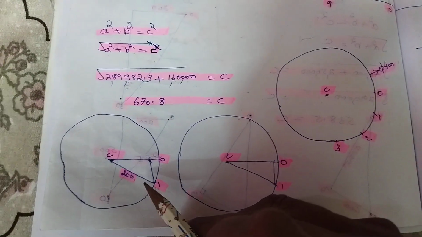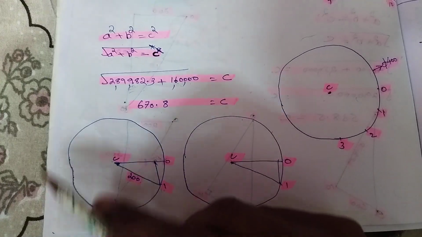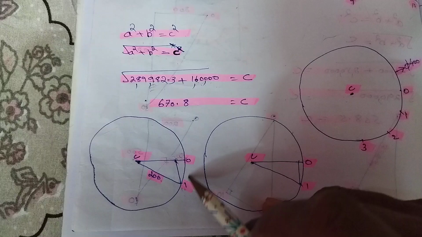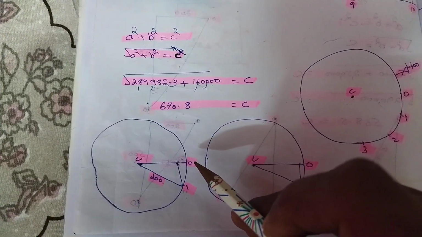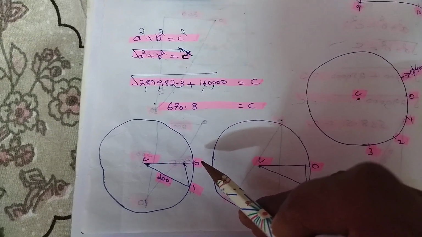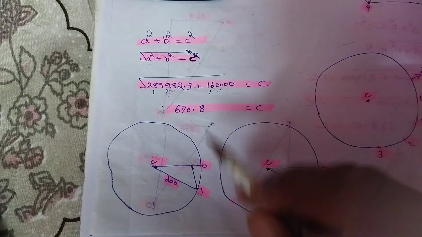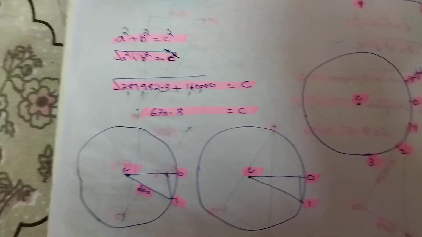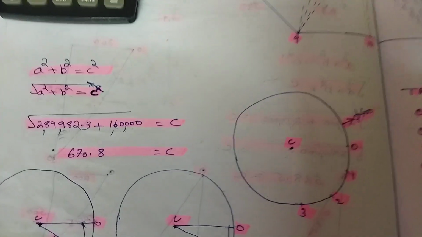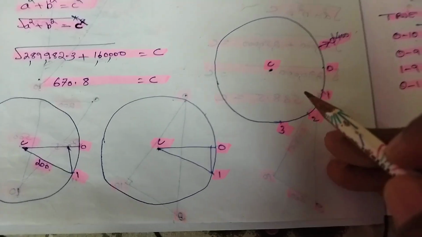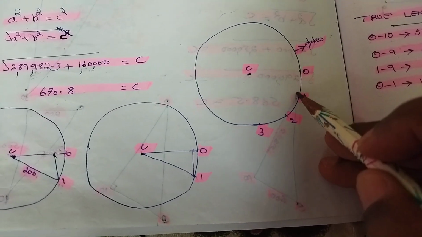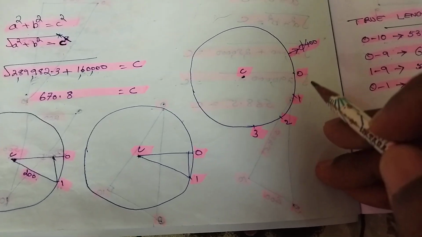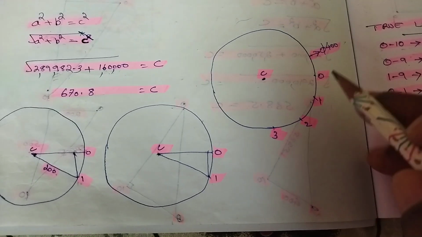This round has been divided by 12. For drawing one round from this line to this line, we have to make it rotate 360 degree. But this portion, 0 to 1 portion, is one part of 12 divisions.